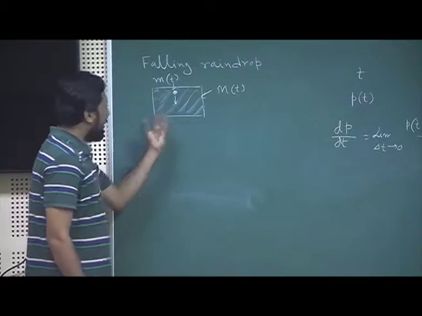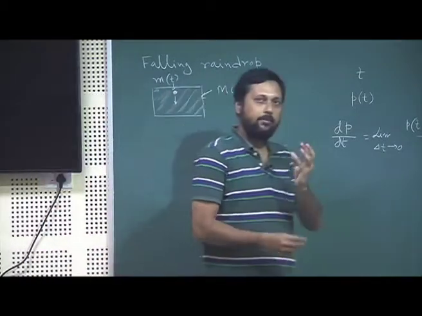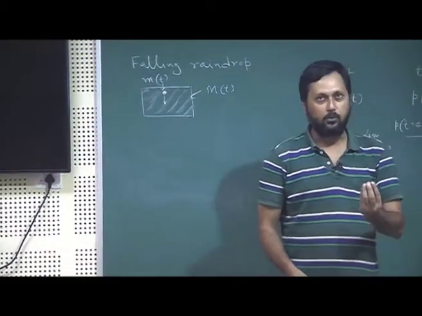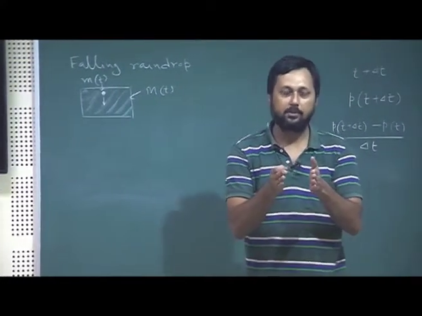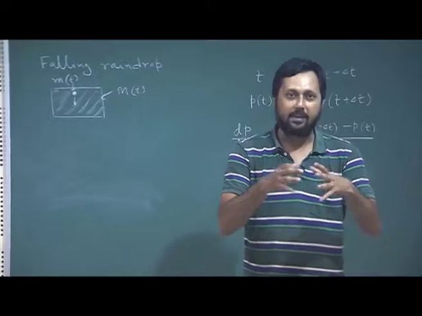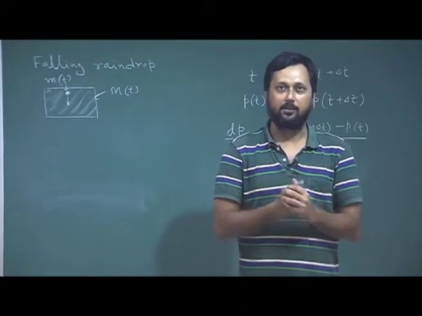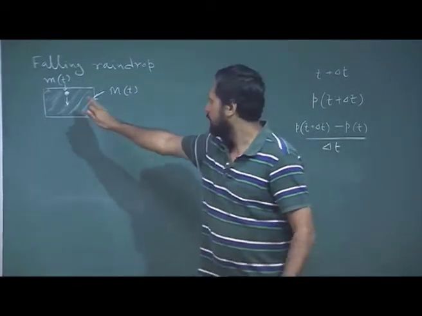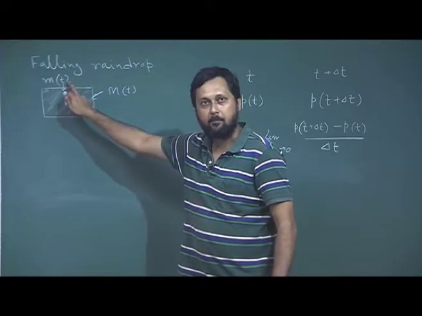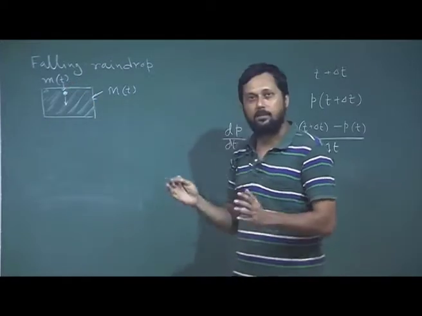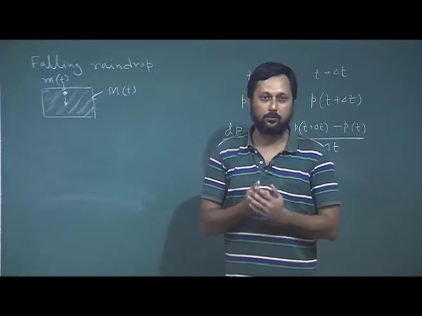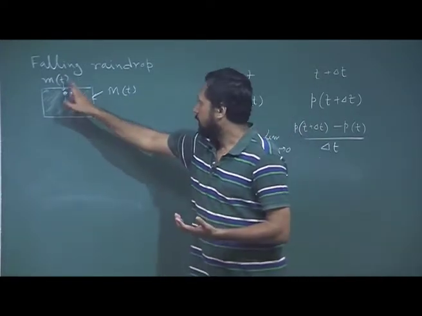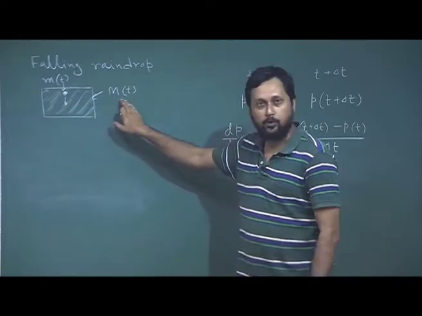Right. Now, what happens is, as the raindrop falls through this cloud, it absorbs moisture from the cloud and it gains size and mass. So, that is why this mass is a function of time. Similarly, because mass conservation holds for the two bodies, the mass it gains, the mass this cloud will lose.